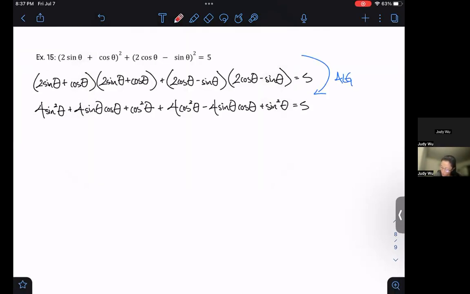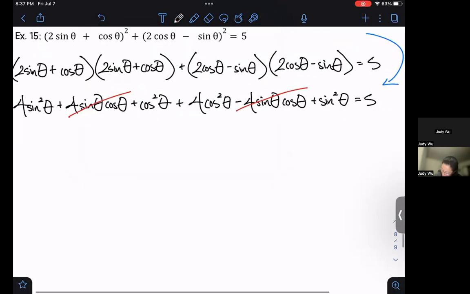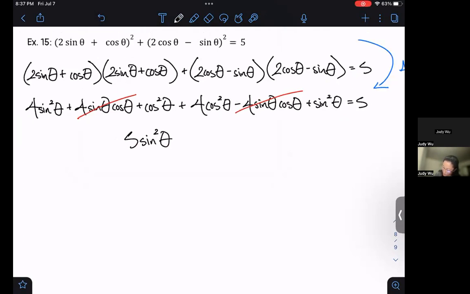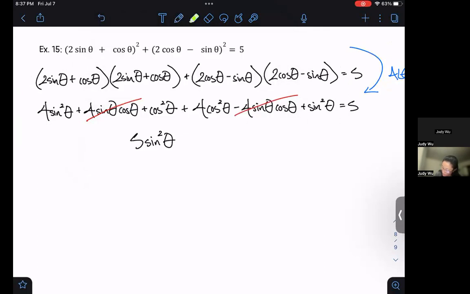I've got a 4 sine theta cosine theta and a negative 4 sine theta cosine theta, so those go to 0, all right? But I also have 4 sine squared theta plus 1 sine squared theta. That gives me 5 sine squared theta, right? And if we're using color coding to our advantage, we've got this and this make this term.